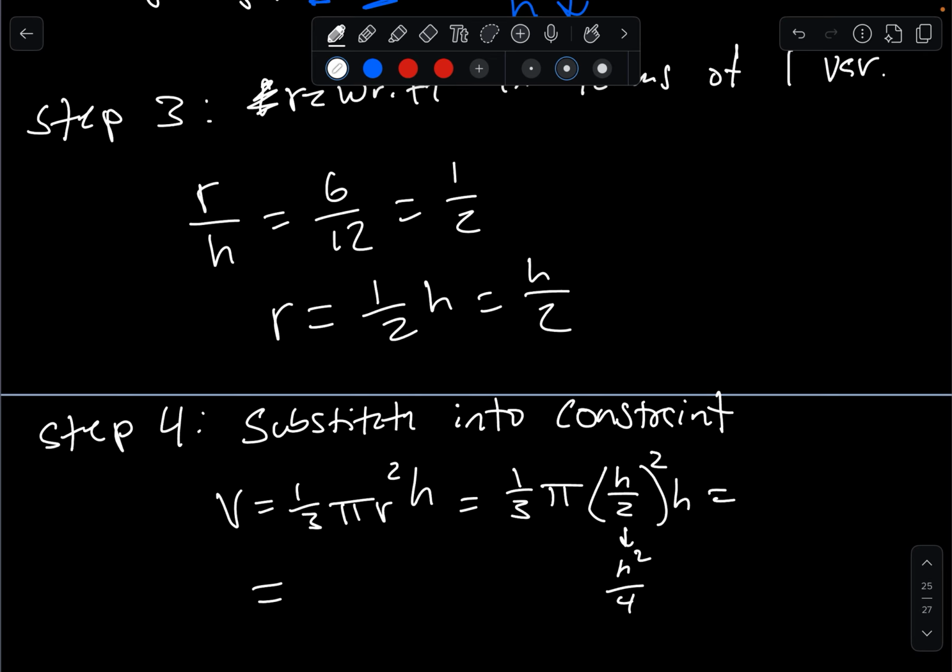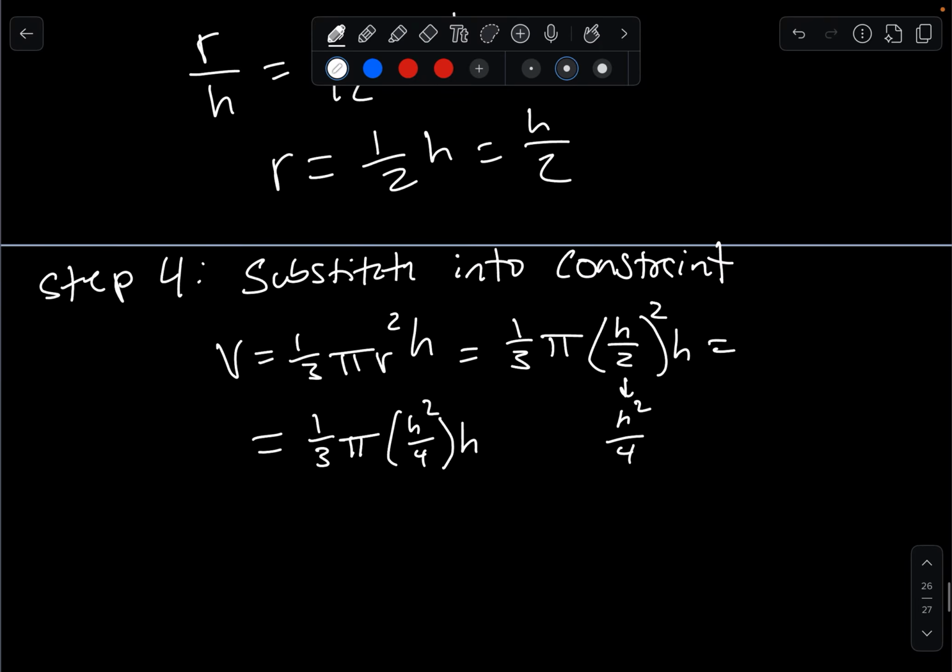So this becomes 1/3 pi h squared over 4 times h. Let's multiply that out and simplify it. We get 1/12, multiplying the 1/4 out, times pi times h cubed.